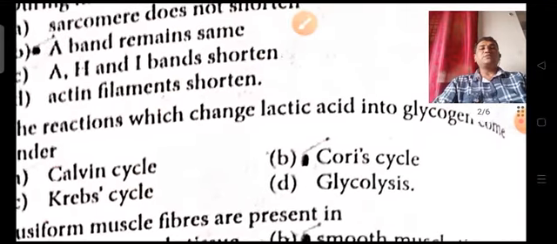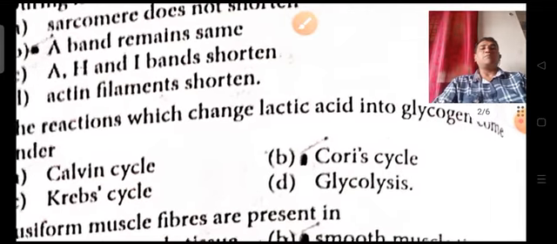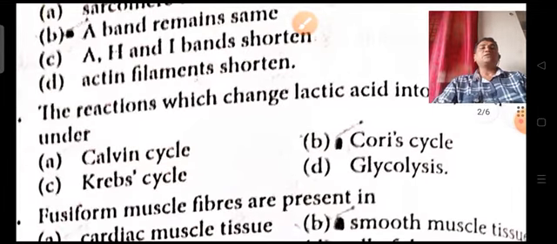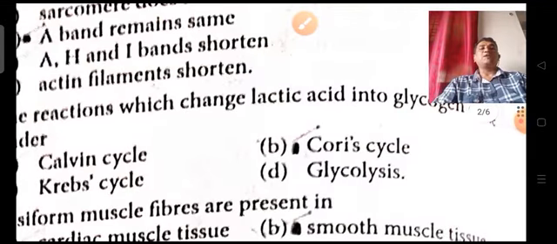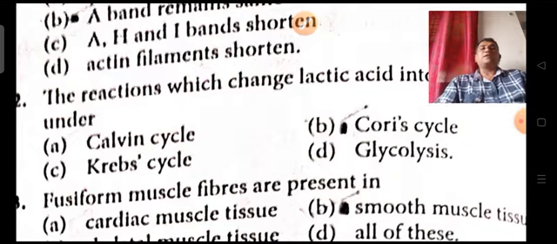Next, reactions which change lactic acid into glycogen come under which cycle? The Calvin cycle is concerned with the C3 cycle. The Krebs cycle takes place in plants and animals and is concerned with citric acid synthesis. Glycolysis means breakdown of glucose.